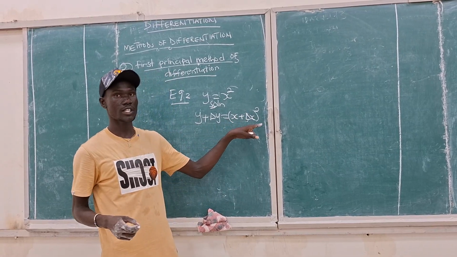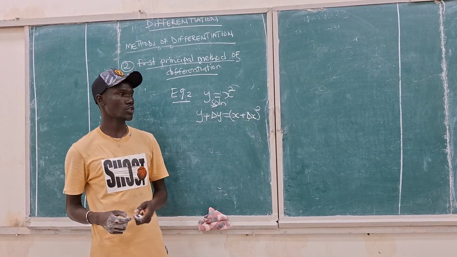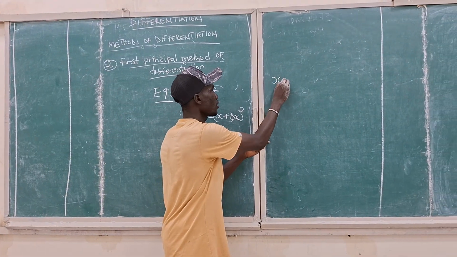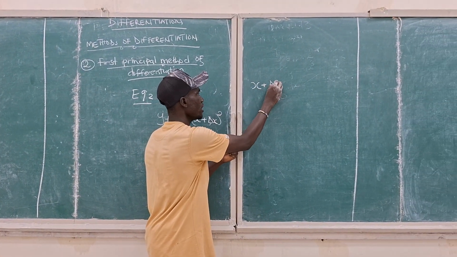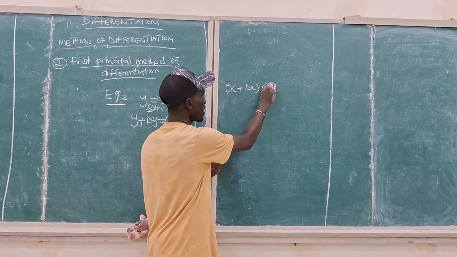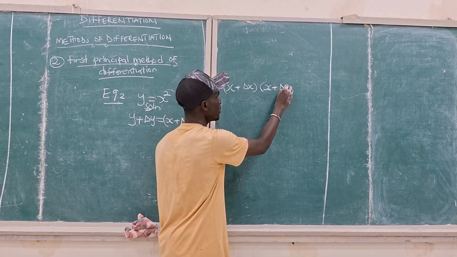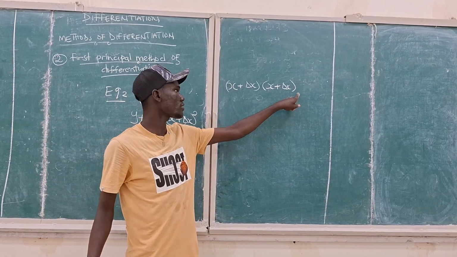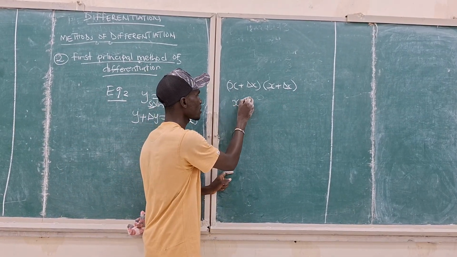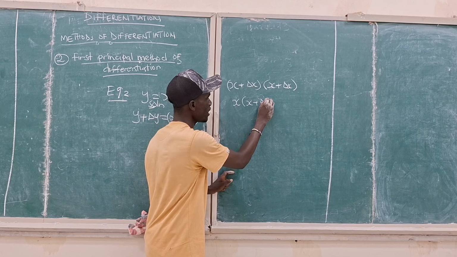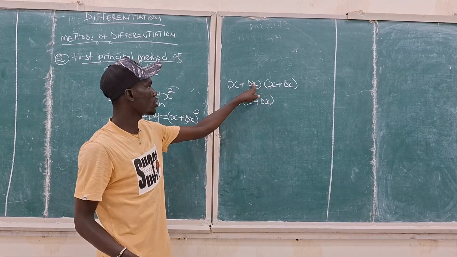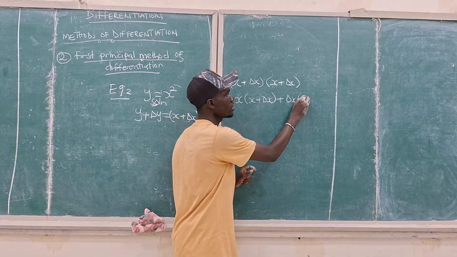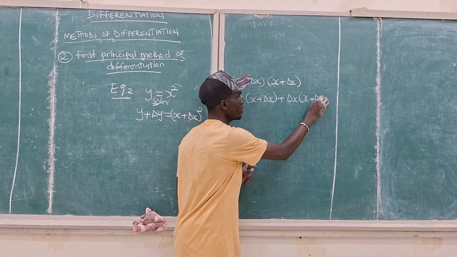This one here we are going to expand using binomial expansion. When we expand it, we will have x plus changing x bracket multiplied by x plus changing x. Now this bracket is multiplied by the whole terms that are in the second bracket. Let's isolate x into x plus changing x. Then we also go to the second one, which is plus changing x multiplying x plus changing x.